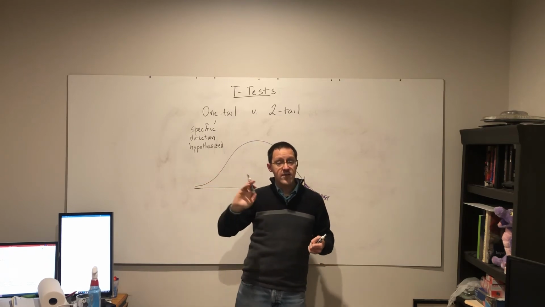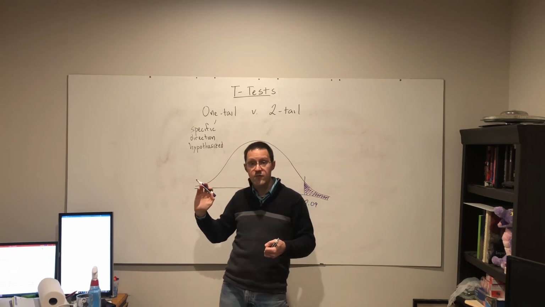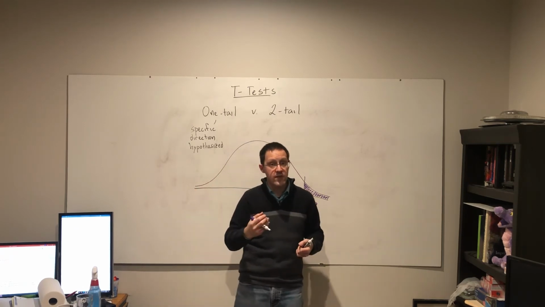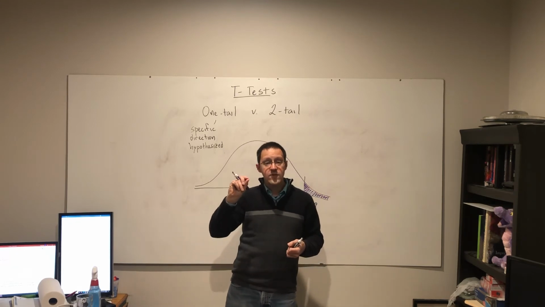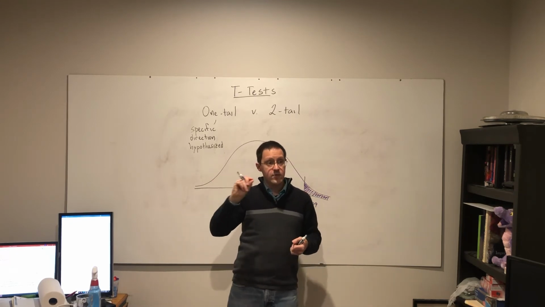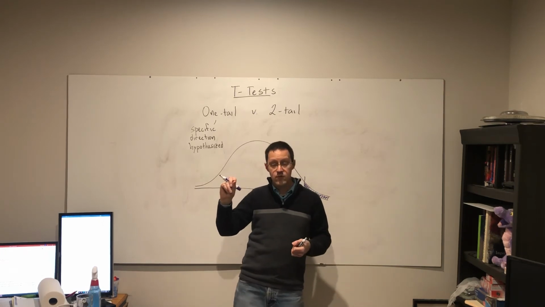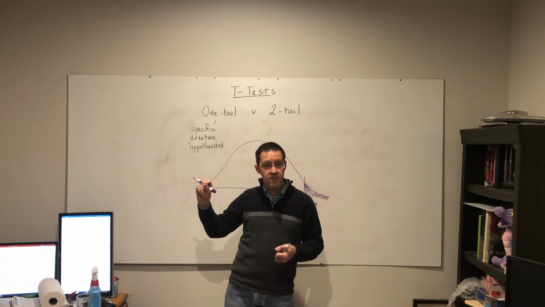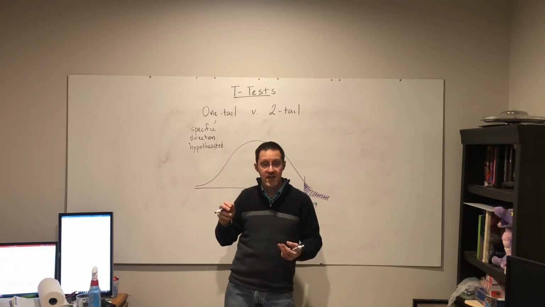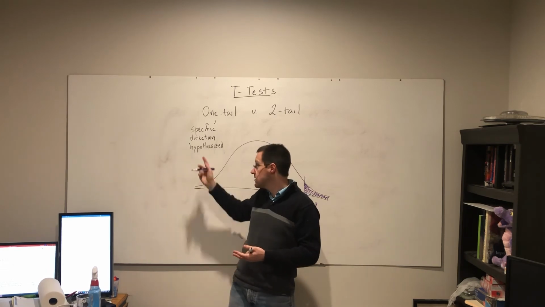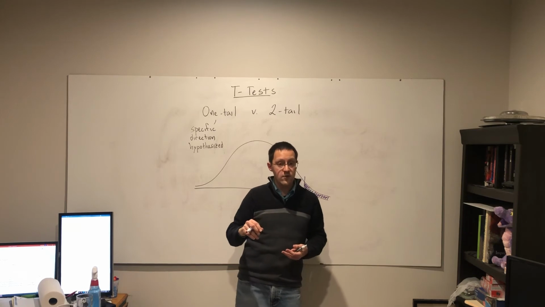by specifying that direction, let me revisit the two-tail examples that I had. Instead of just saying the COVID rate in places with the mask mandate is the same as COVID rates in areas without mask mandates, okay, we have our direction, or we do not have a direction.